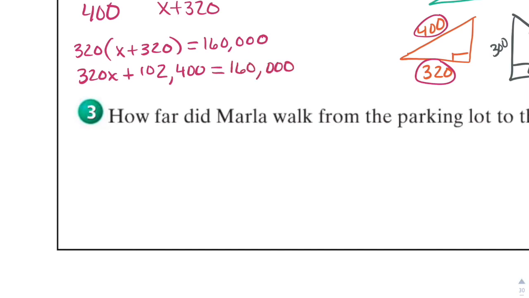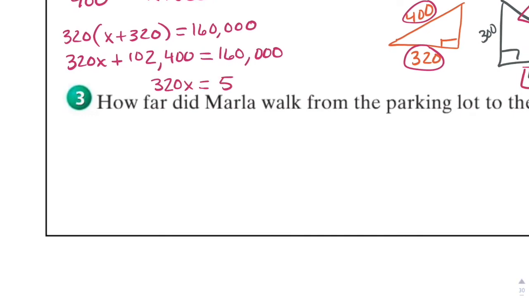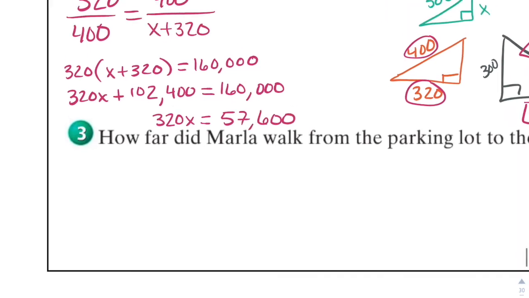I'm going to take away 102,400 from both sides. And that leaves me with, let me try that again, 160,000, take away 102,400. Leaves me with 57,600.